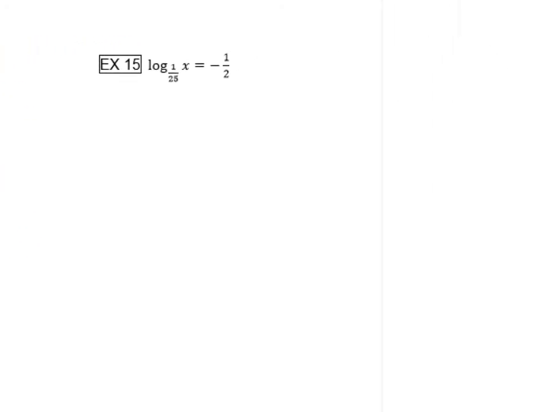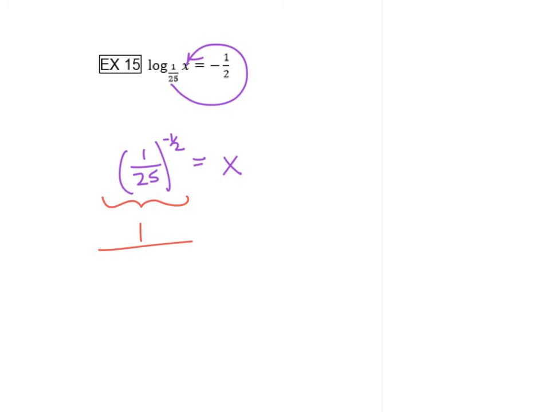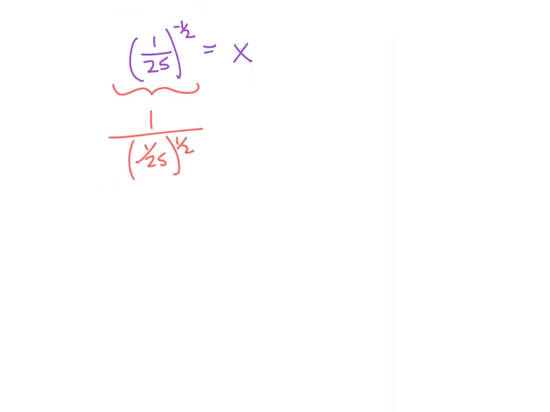Alright, last example. Let's go ahead and put this in exponent form. We have our base of 1 over 25 raised to the negative 1/2 power is equal to x. Alright, so here is what we're looking at with this one. You have a negative exponent, so you would say 1 over 25 to the positive 1/2 power. Well, what is 1 over 25 to the positive 1/2 power?